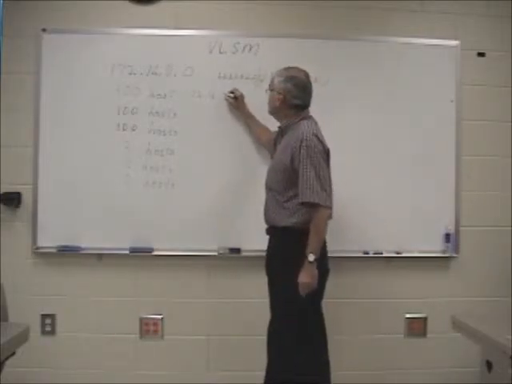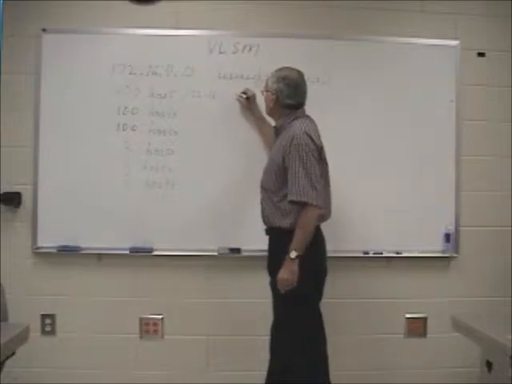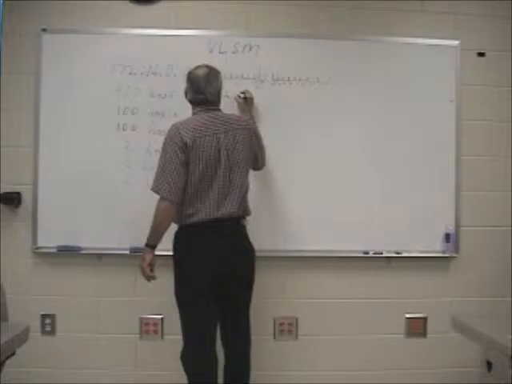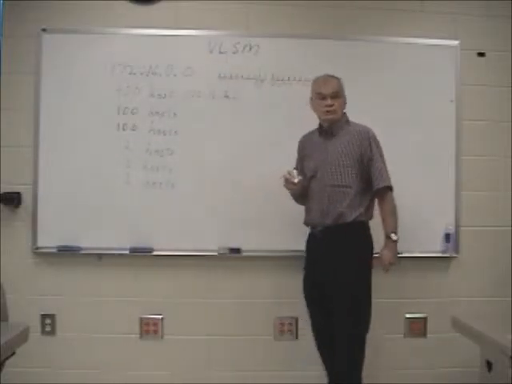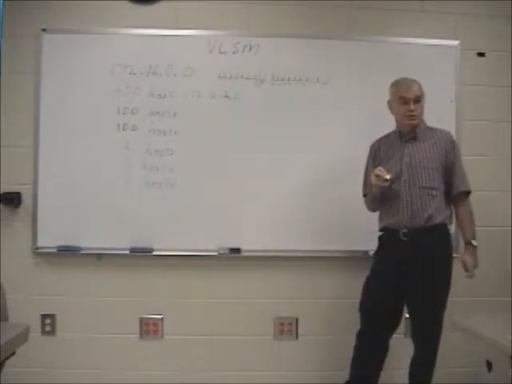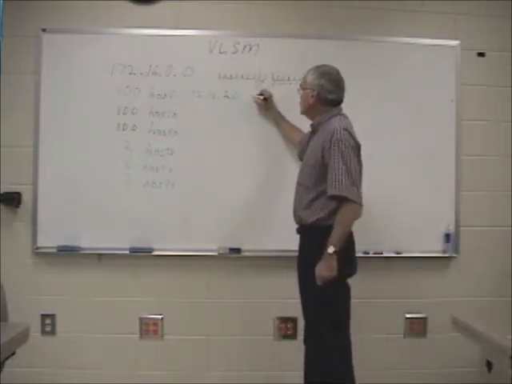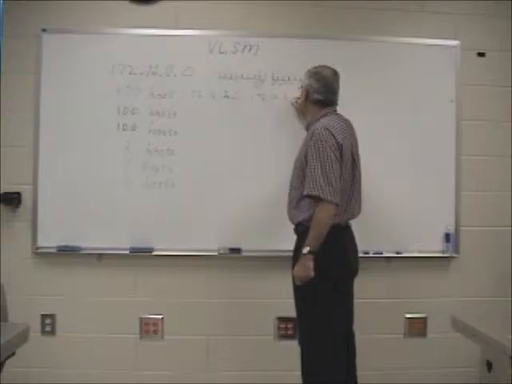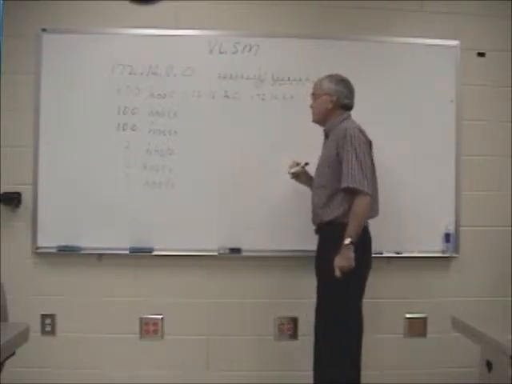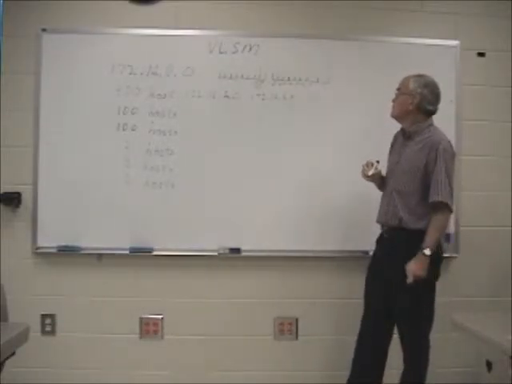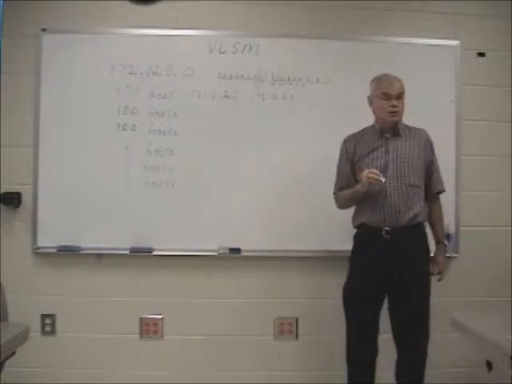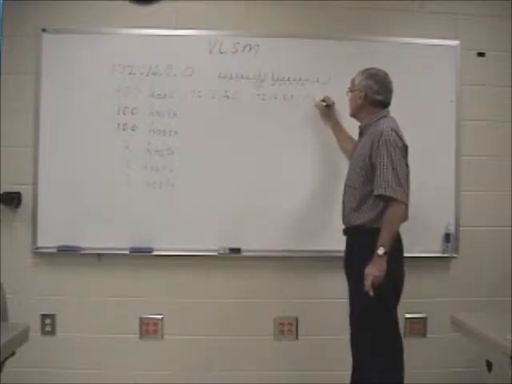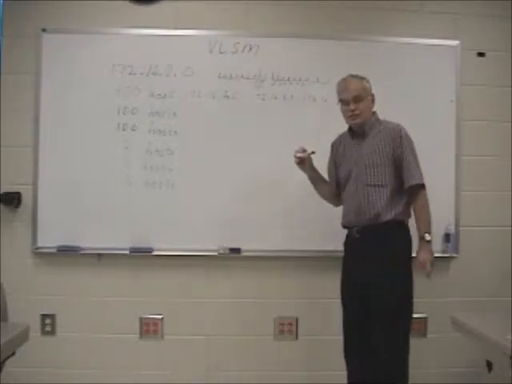So we've got a 2, and since this is just the network one, it's the 0. First usable host on that network is 172.16.2.1. What's the last usable host address on that one? 172.16, that's the easy part.